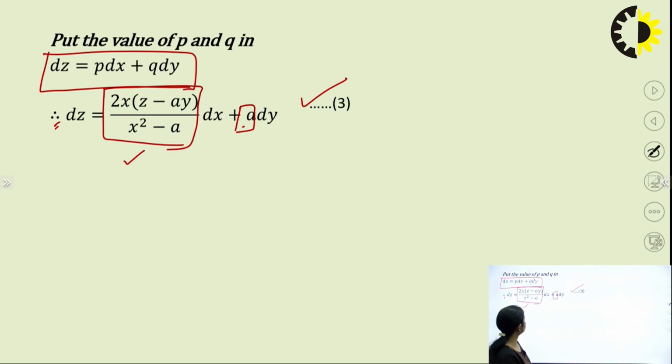So what we have to do is see if we can remove this factor z minus ay, then the rest of the coefficient will be a function of x only. Then it can be solved by direct integration. So let us try to remove this factor z minus ay. To remove it we have to divide the whole equation by this factor.